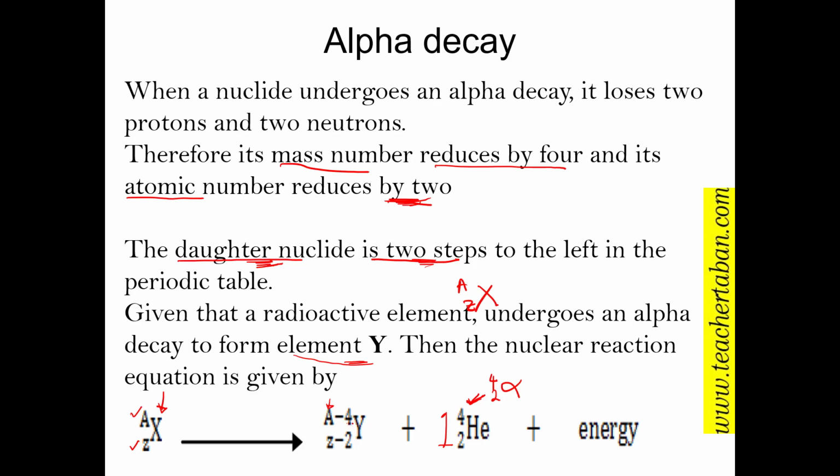That's why we're subtracting 4 here, and the atomic number reduces by 2. That is the equation for an alpha decay, and energy is always released in any of the decay processes. So that is what we mean by an alpha decay.